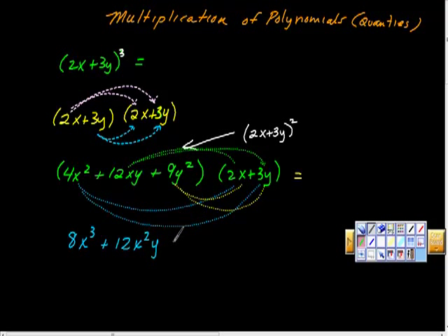And what's next? Plus what? x squared y. Why? Because this x times this x is x squared, and x squared times y is x squared y. 12 times 2 is 24, isn't it?